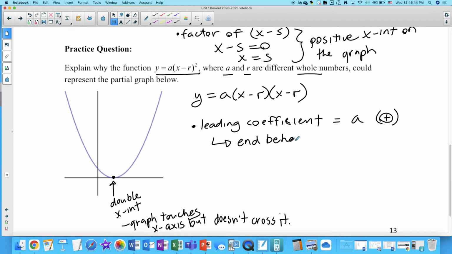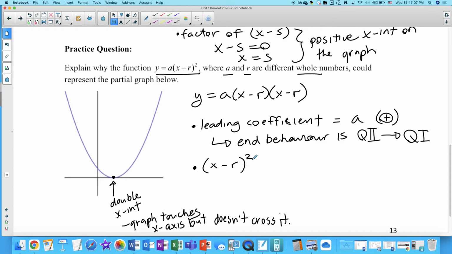Okay? And then we also can see that there is a double positive x-intercept. That's consistent with these two factors of (x minus r) squared. So (x minus r) squared tells us about our x-intercept. So we have to have that x minus r equals 0, which means x equals r.